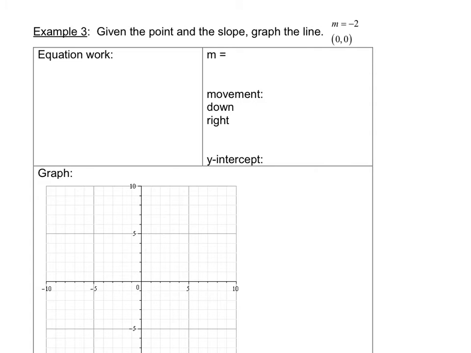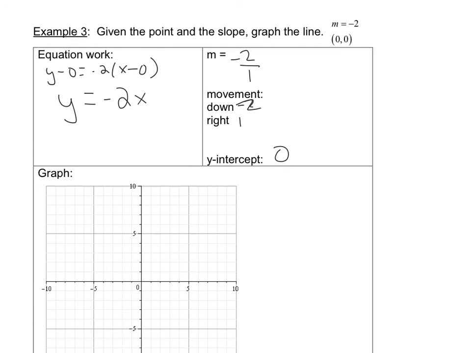So here, again, start with point-slope form. So you get y minus 0 equals negative 2 times x minus 0. So you get y equals negative 2x. So remember, that means negative 2 over 1. So down 2, right 1, the y-intercept is 0.